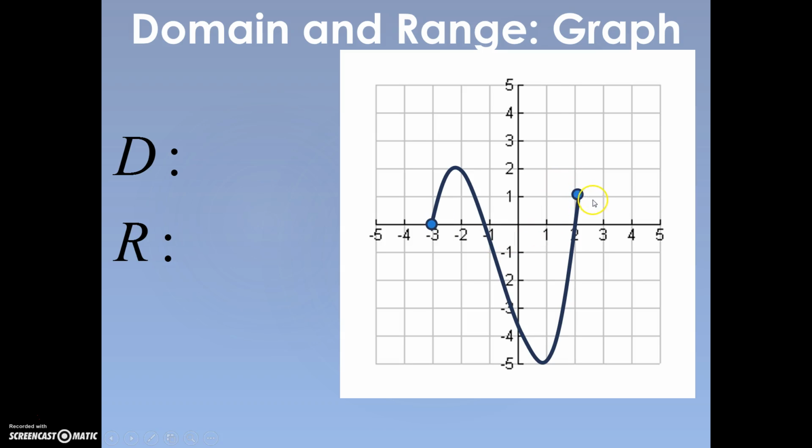And over here on our far right we have a closed circle again. All this stuff in the middle we don't have to overly concern ourselves about because they're in the middle. So when we do this, the x values that those 2 points are at are -3 and 2, and we use the brackets again because they had the closed circle.